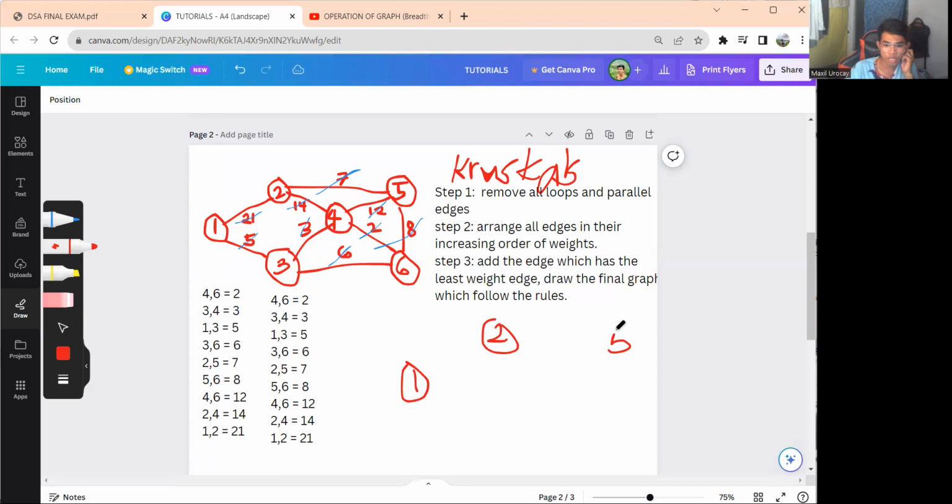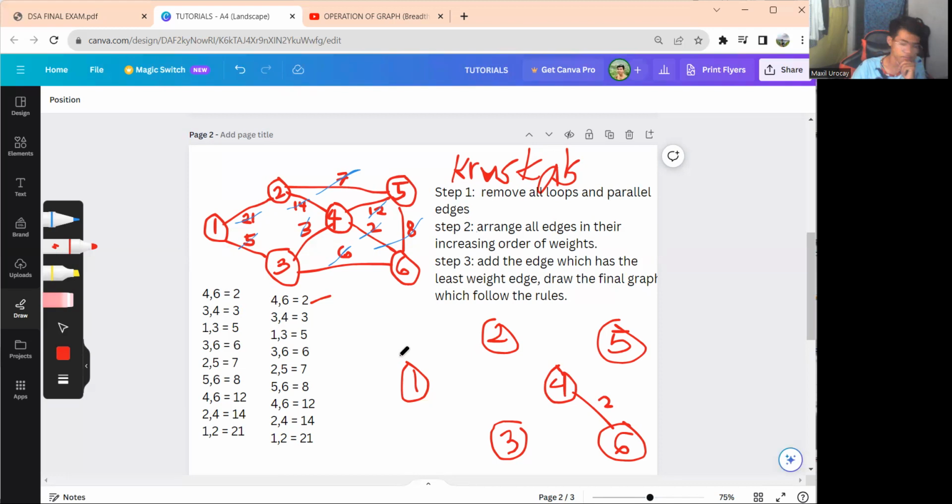This is as simple as what we do in Kruskal's algorithm, which you can do. And definitely 4 to 6, which is 2. So therefore, you use that one. That is number 2. And this is being used to check.